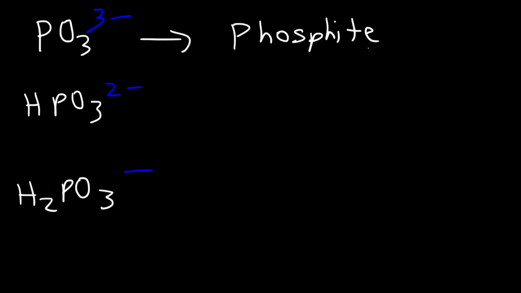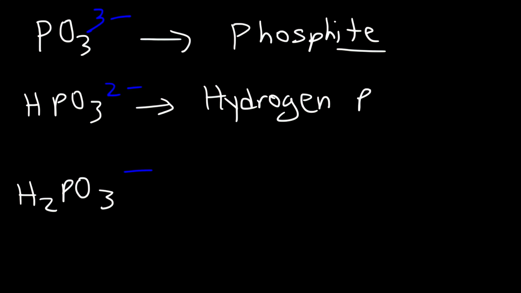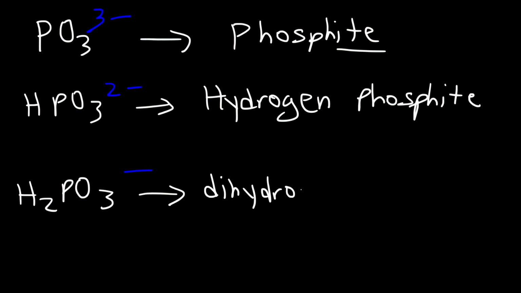It has one less oxygen. Now if we add a hydrogen to it, this is going to be called hydrogen phosphite. Now if we have two hydrogens, then it's called dihydrogen phosphite.